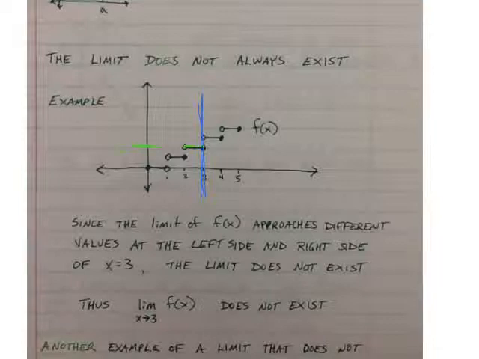And from the right side, it's approaching a different value of 3. So from the left, it approaches 2, and from the right, it approaches 3. And because they're approaching different values, the limit does not exist. So we write the limit as x approaches 3 of f of x does not exist.